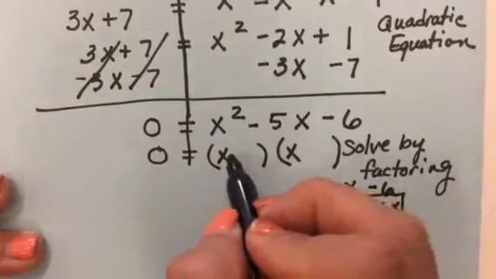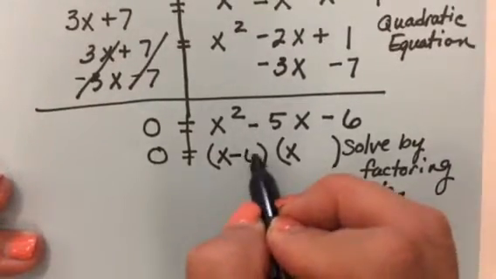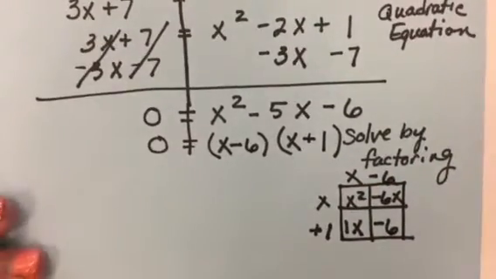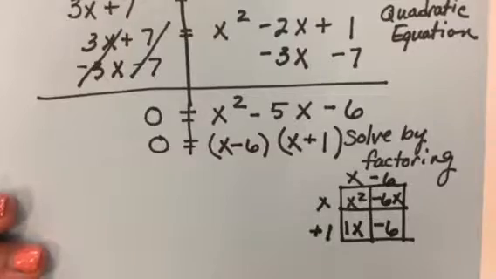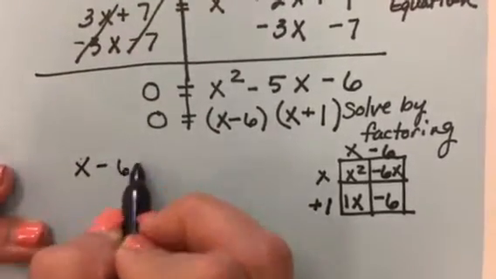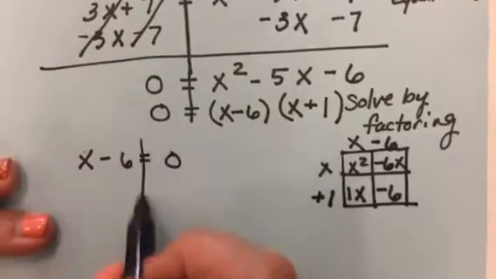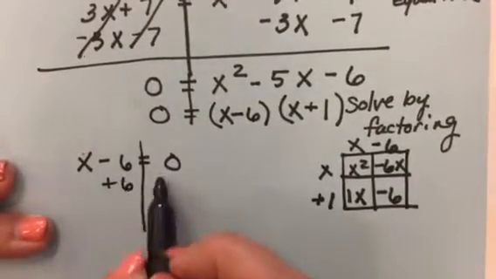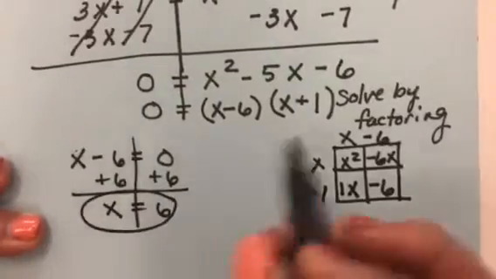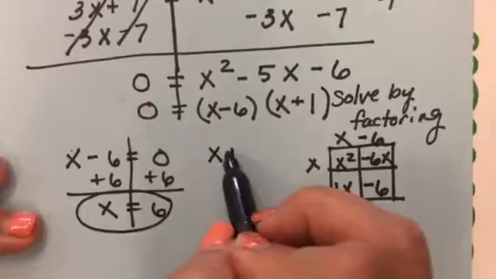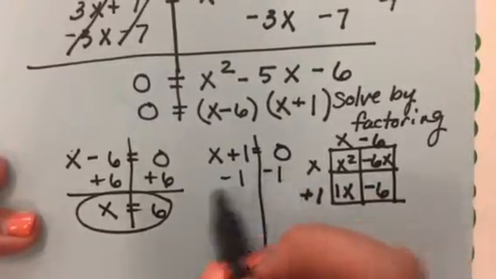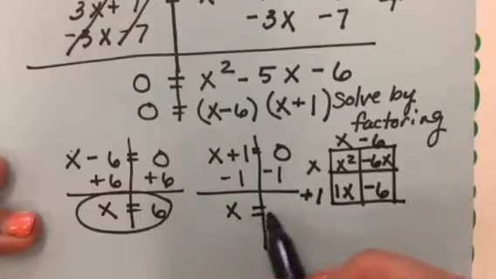So our factors would be x minus 6, x plus 1. Now that we have our factors equal to 0, we take each factor. The first factor, x minus 6, set it equal to 0, and add 6 to both sides, and we get one of our solutions to be x equals 6. Then we take the other factor, x plus 1 equals 0, and we subtract 1 from both sides, and the other solution would be x equal negative 1.